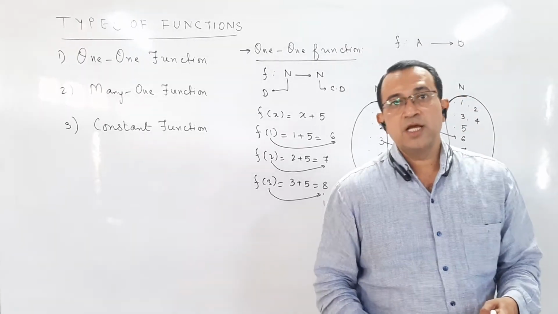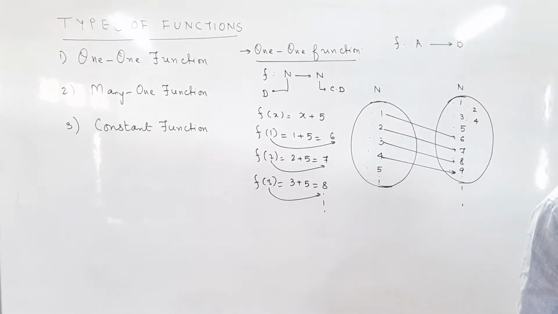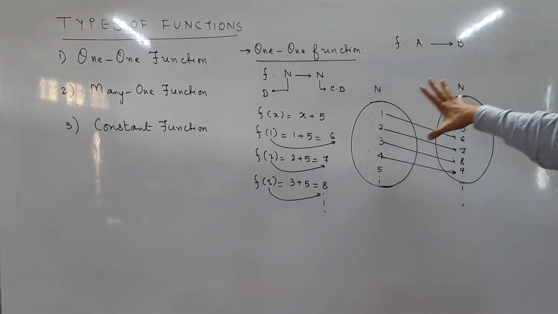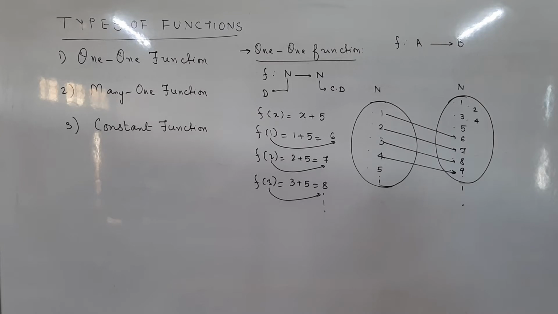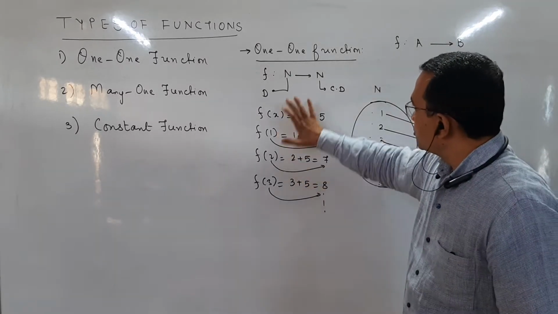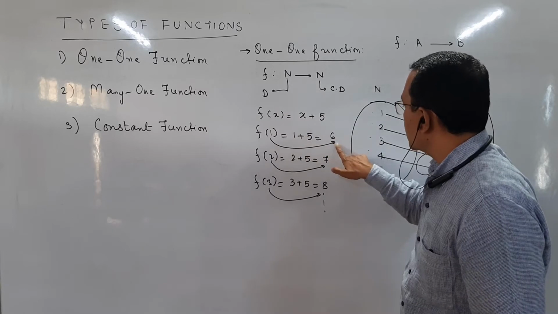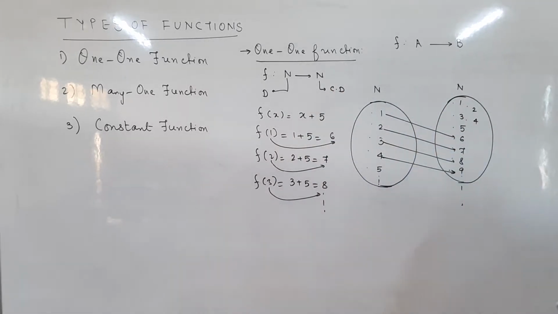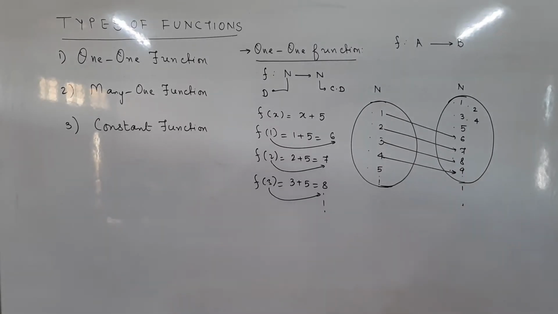So once again, suppose f is a function defined from A to B. For any two elements of the domain, if their images or functional values are different, then such a function is called, students, a one-one function. Here suppose 1 and 2 are elements of the domain, their images or functional values are different, so this function is called a one-one function.